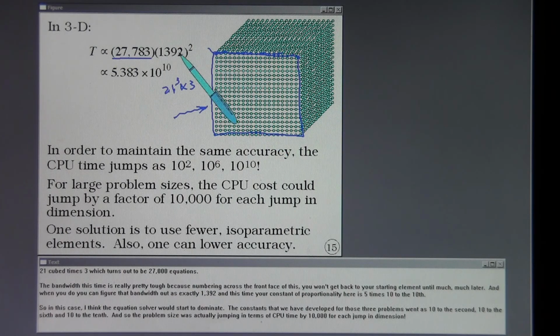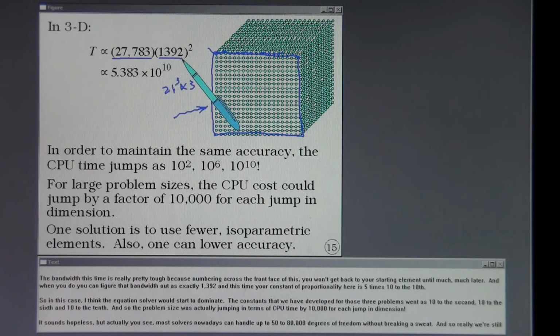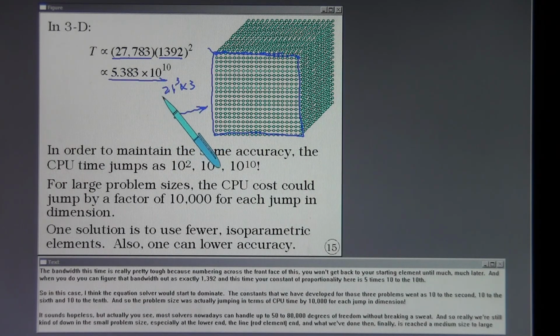And when you do, you can figure that bandwidth out as exactly 1,392. And this time your constant of proportionality here is 5 times 10 to the 10th. So in this case, I think the equation solver would start to dominate.